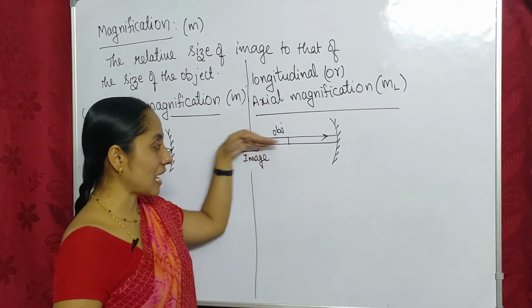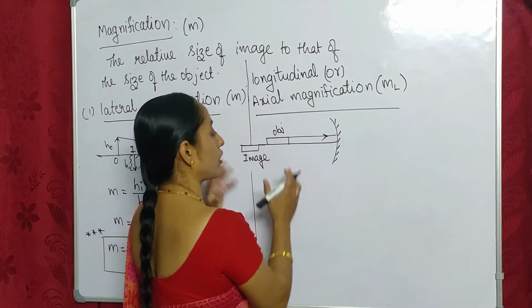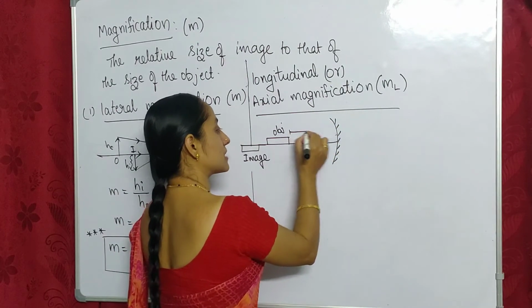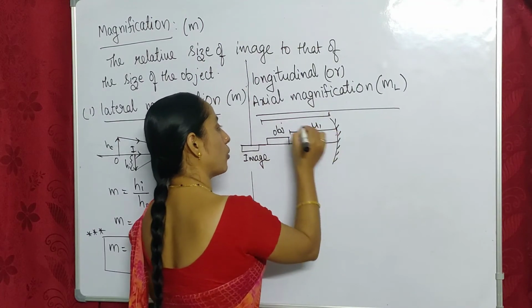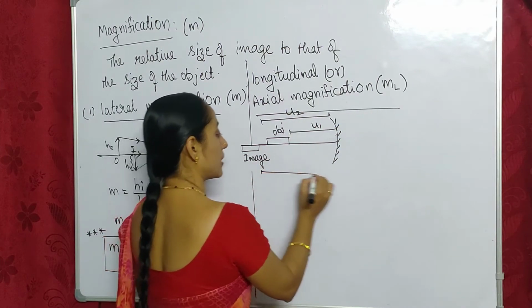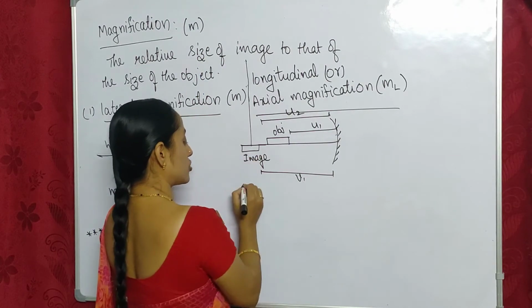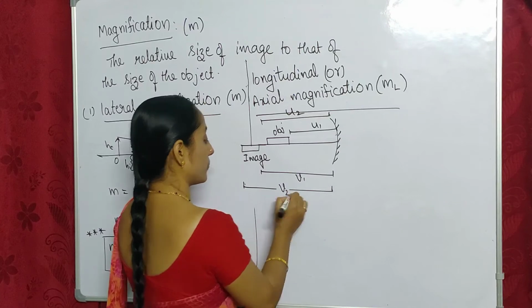Here the object is along the length of the principal axis. So how to calculate magnification for such an arrangement? Here if I consider this distance to be u1 and from here to here, the pole, is u2. Similarly, this is the image, so from here to here v1 and from the other edge to the mirror, v2.